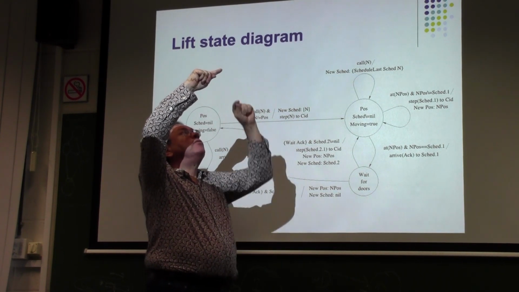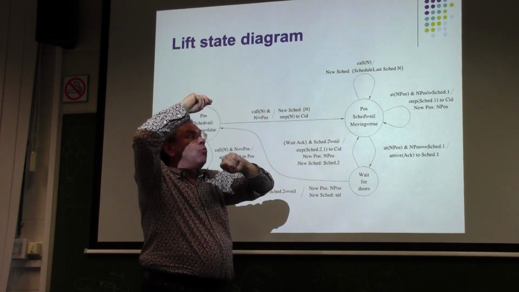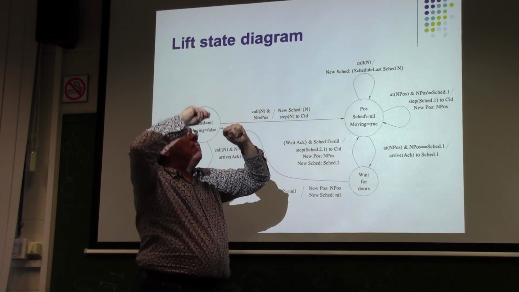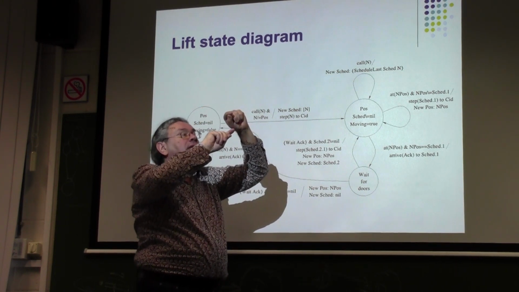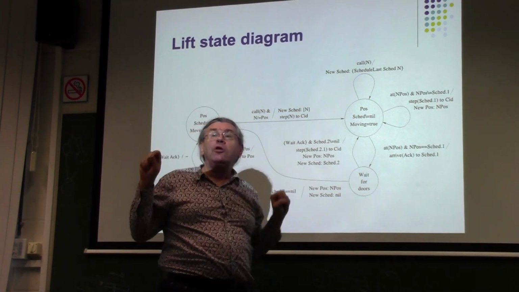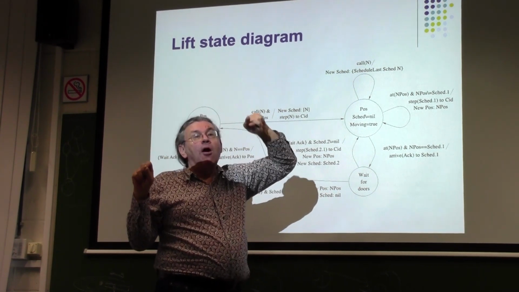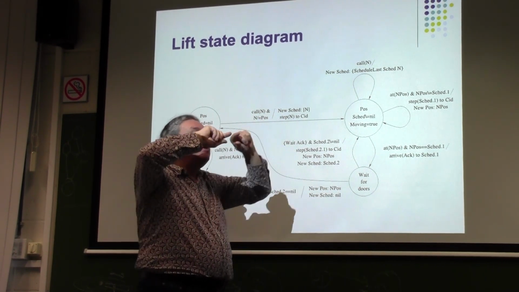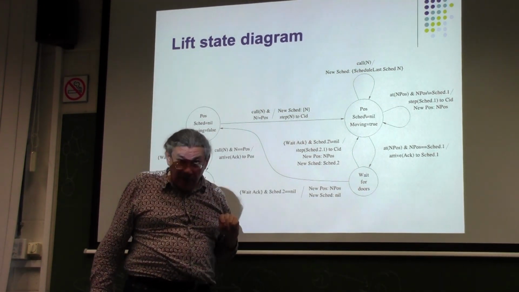Instead of going from 1 to 30, if I always go to the nearest floor, I go from 1, 2, 3, 4, 5, maybe I want to go to floor 6. But then someone presses 5 again. Well, if the protocol is always go to the closest floor, then the lift will always be flipping between maybe 5 and 6, and it will never get to 30, and I will have starvation.